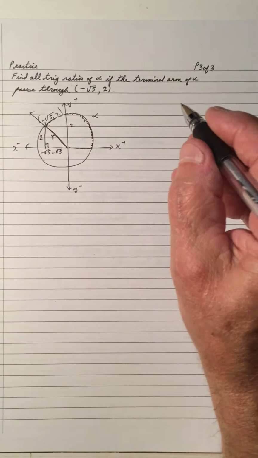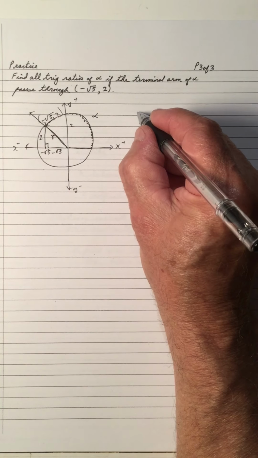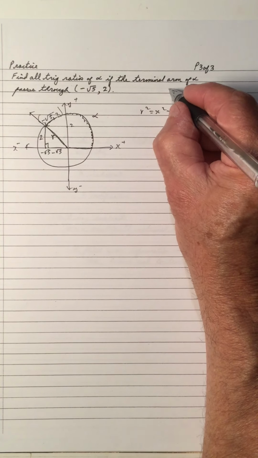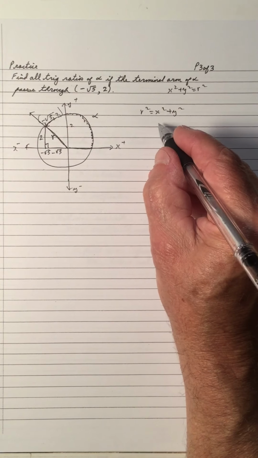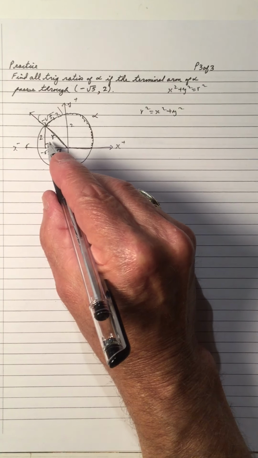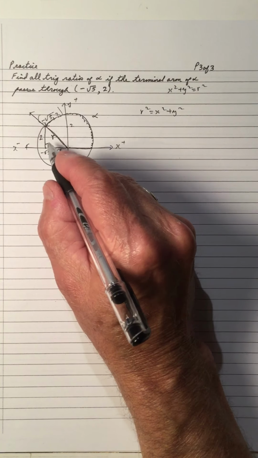And we have to work out, last time I didn't, now we've got to work out that r squared equals x squared plus y squared. Remember, you can write it down, x squared plus y squared equals r squared. It's your choice. But it's the Pythagorean theorem.